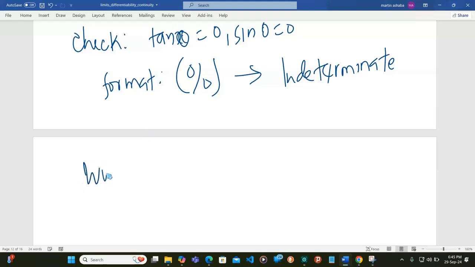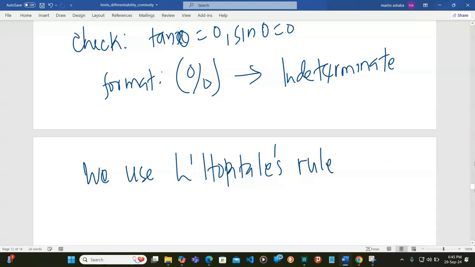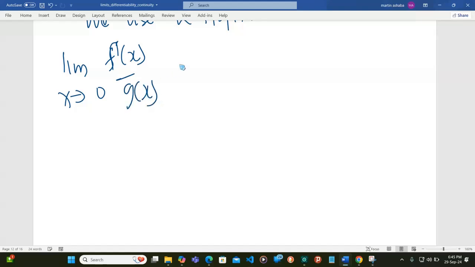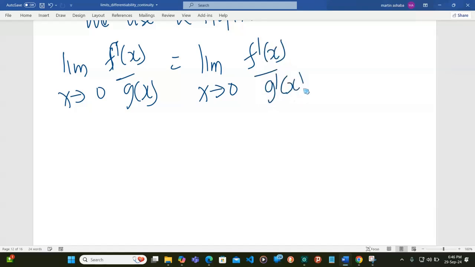So we use L'Hopital's rule. L'Hopital's rule says the limit as x tends to 0 of f of x divided by g of x is the same as the limit as x tends to 0 of f prime of x divided by g prime of x.